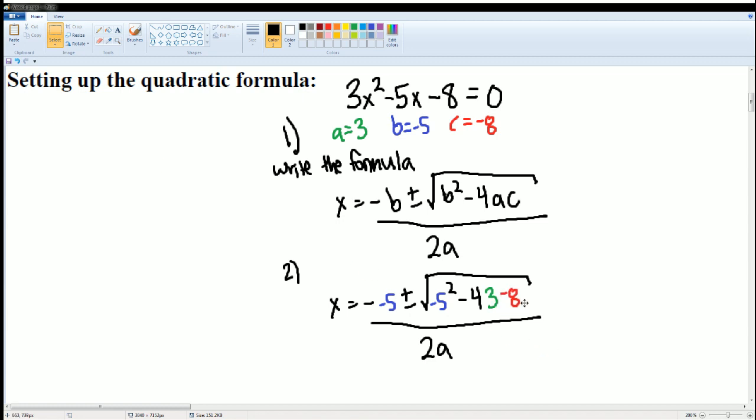Do you see how I'm putting it in and it looks weird? Because you should put it in parentheses. When you make the substitution, make sure you put it in parentheses, so you can see what it is. Because otherwise this looks like 43. Put it in parentheses. Then lastly, 2a. Bring the 3 here over.